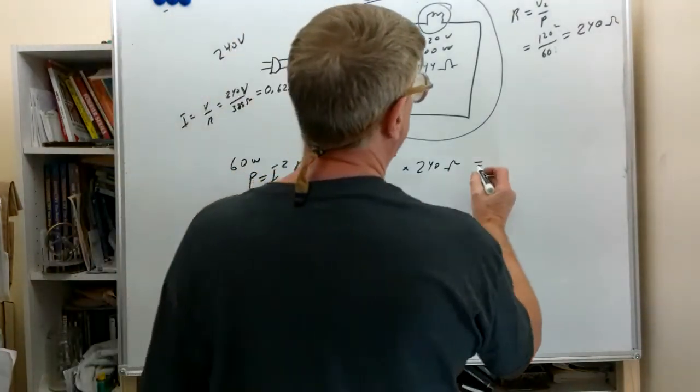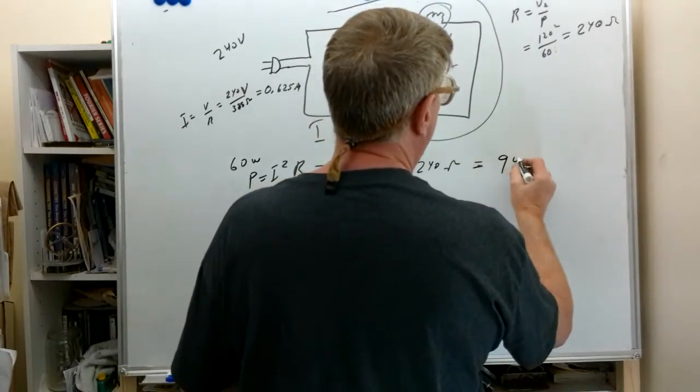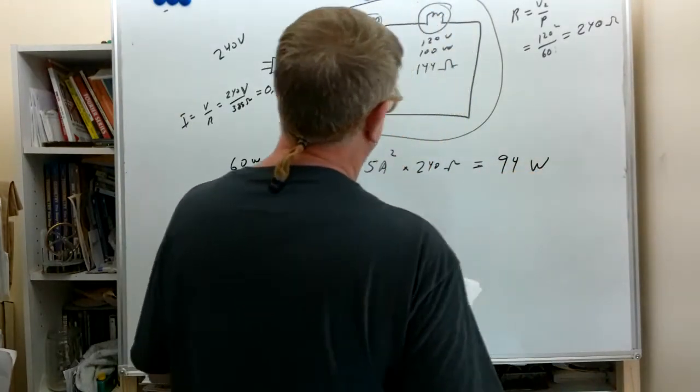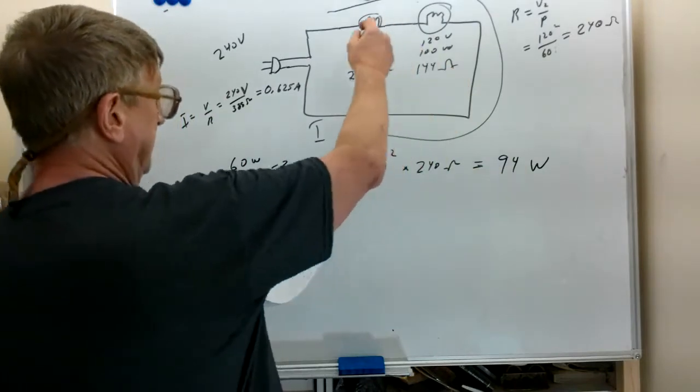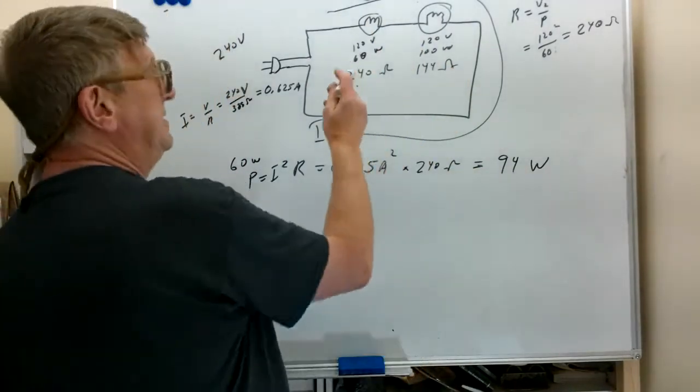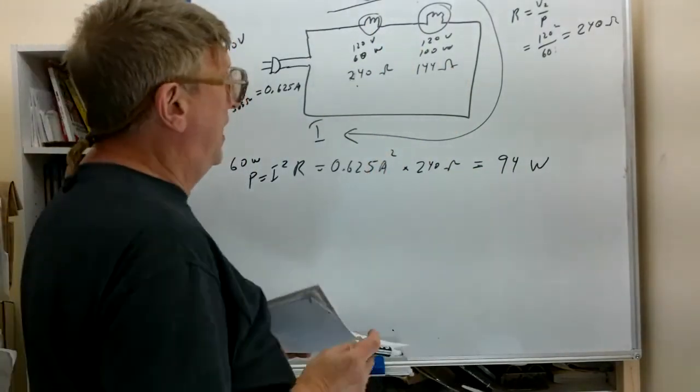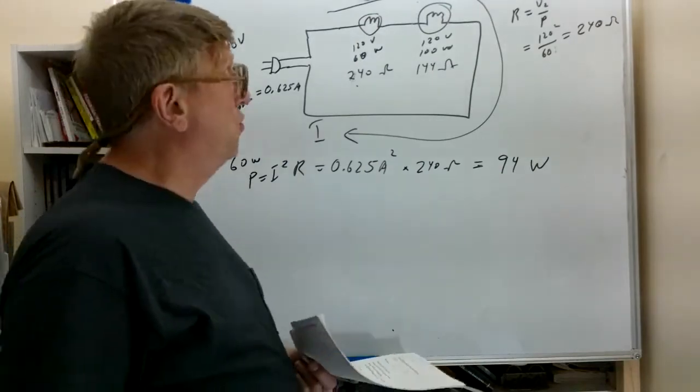We end up with 94 watts. Well, 94 watts being dissipated by a 60 watt light bulb, we're probably going to burn it out quickly.